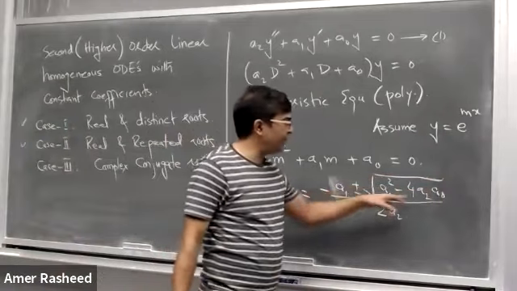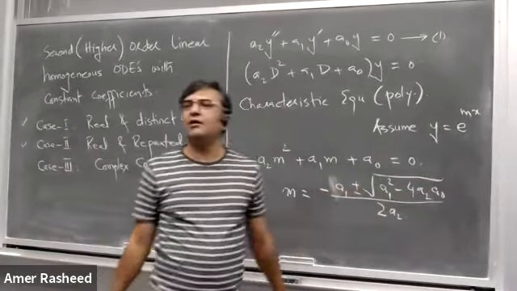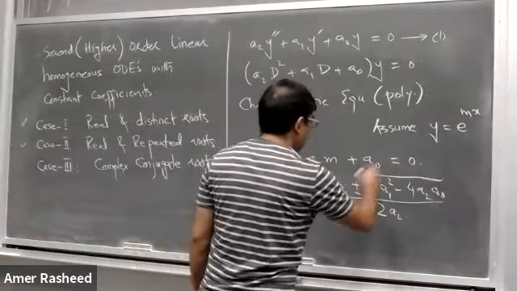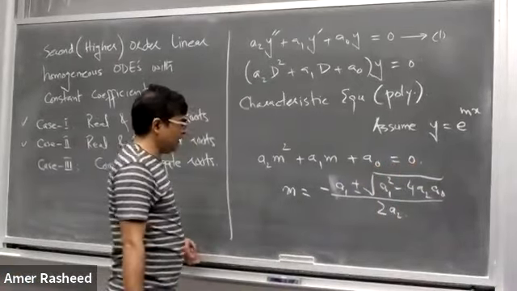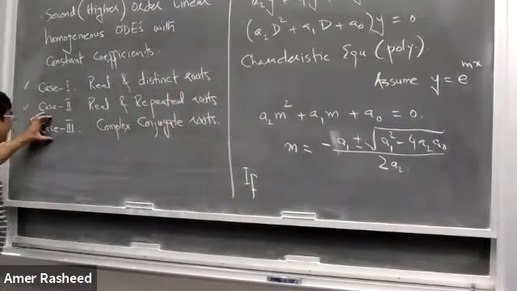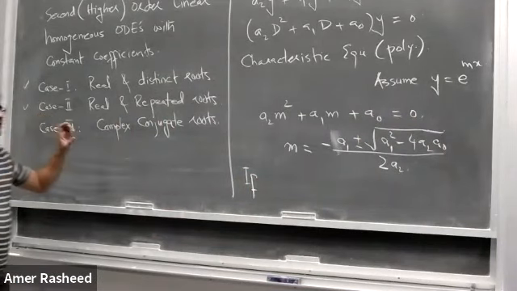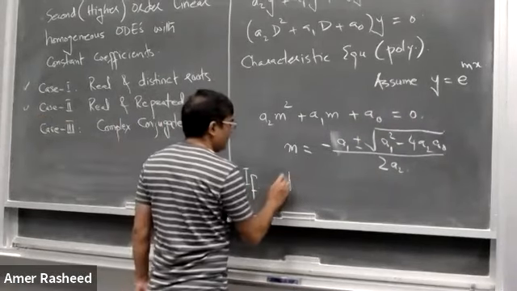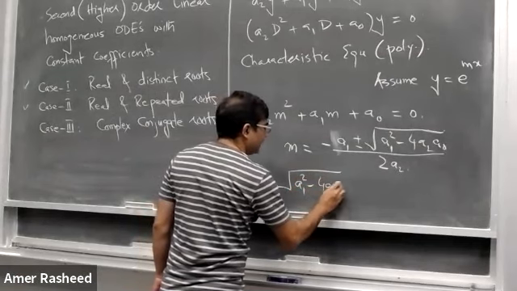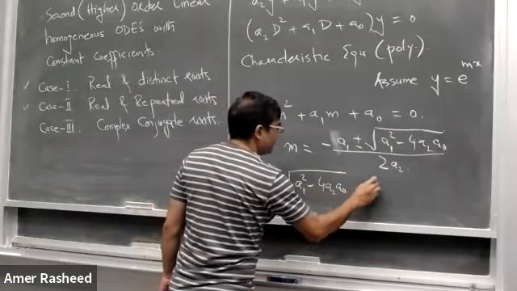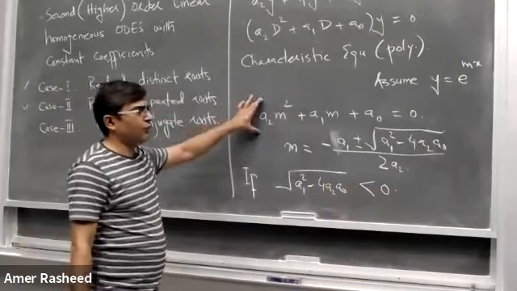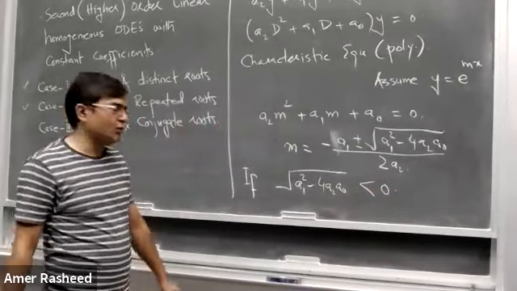If this discriminant, the term under the square root, is less than 0, then case 3 appears, and this polynomial equation must have complex roots.